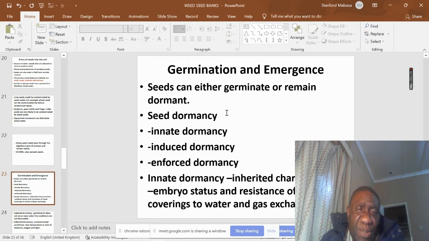And we now know the three seed dormancy types: innate dormancy, induced dormancy, and enforced dormancy. Where innate dormancy is the inherited characteristics, where we look at embryo status and the resistance of seed coverings to water and gas exchange.